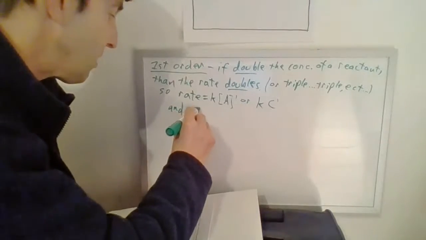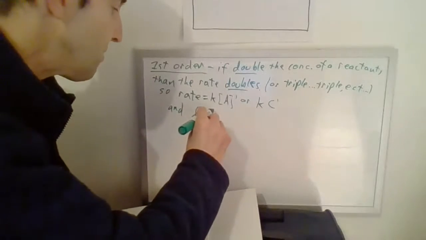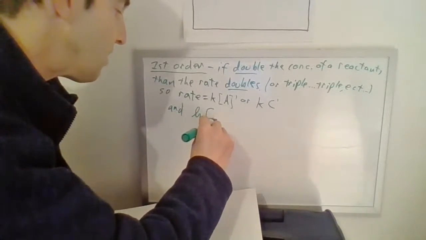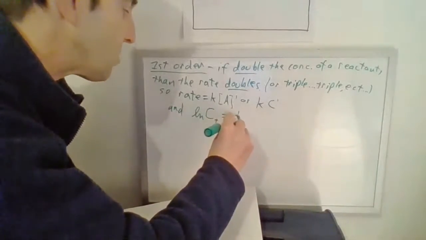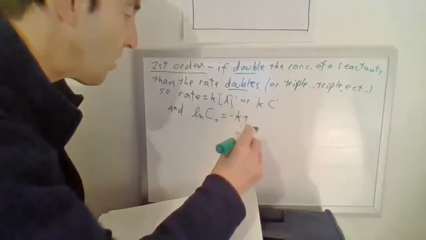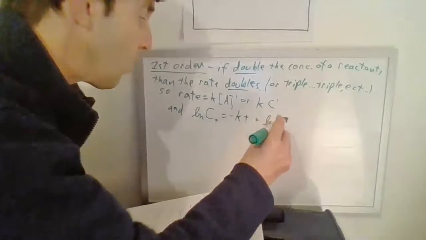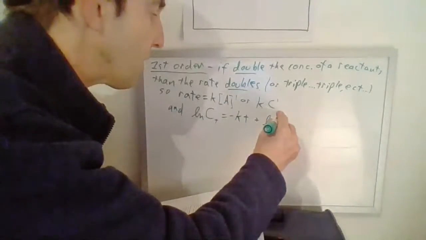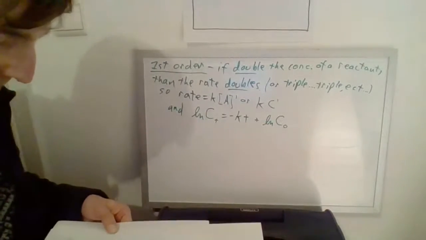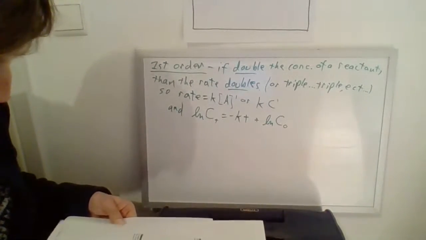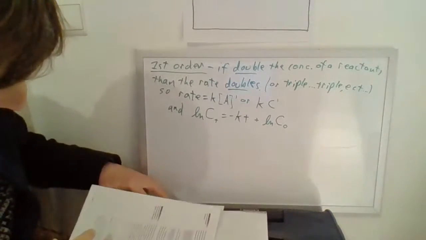The natural log, ln, of C at time t equals negative kt, so k times t, plus the natural log of the original concentration of reactant C. Okay, now I'm going to give you the other version that I like better, because that's me.